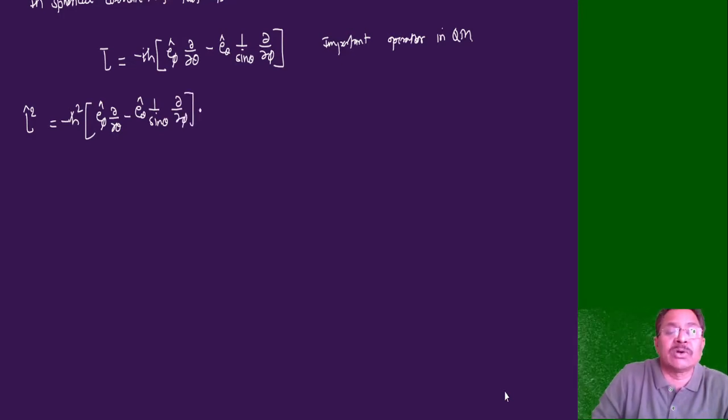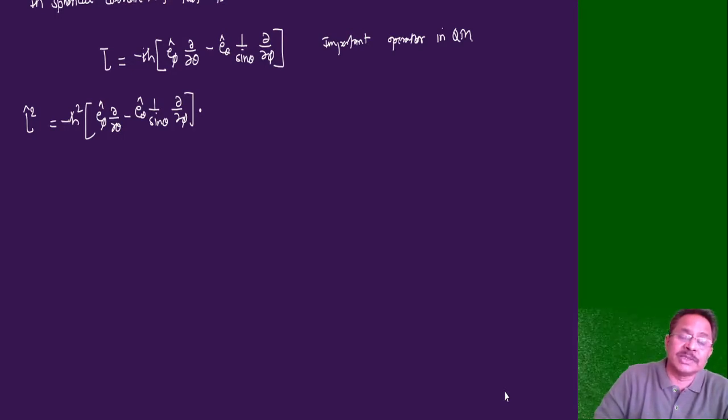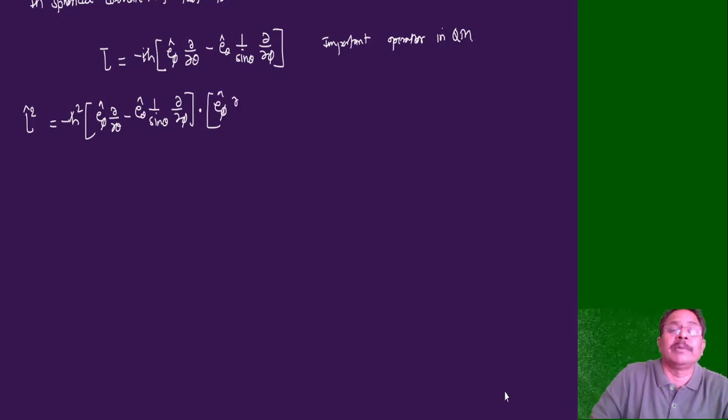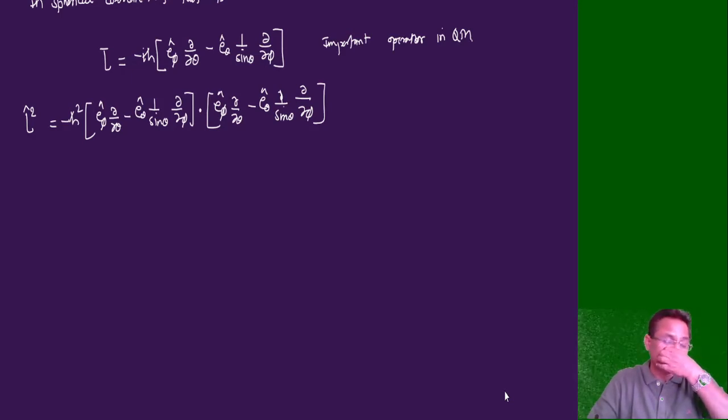Now this i h cross into minus i h cross is plus i square h cross square, and since i square is minus 1, it is minus h cross square, and the dot product of the same thing again: e_phi cap into delta upon delta theta minus e_theta cap into 1 upon sine theta into delta upon delta phi. So use simple operations of dot product.